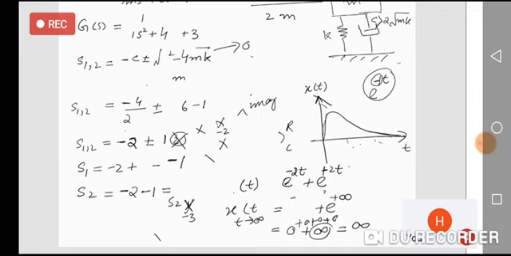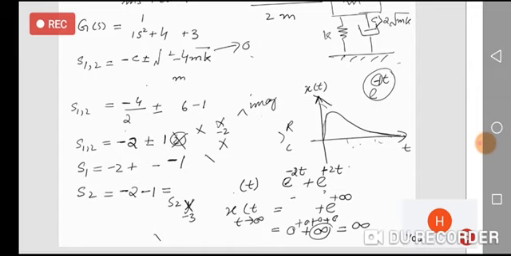If C value is equal to 2 under root mk, then the system will not oscillate. It will reach the final value without oscillation. If C value is greater than 2 under root mk, then the system will reach the final value without oscillation, but it will take more time than it took when C value was equal to 2 under root mk. Does that clear it?